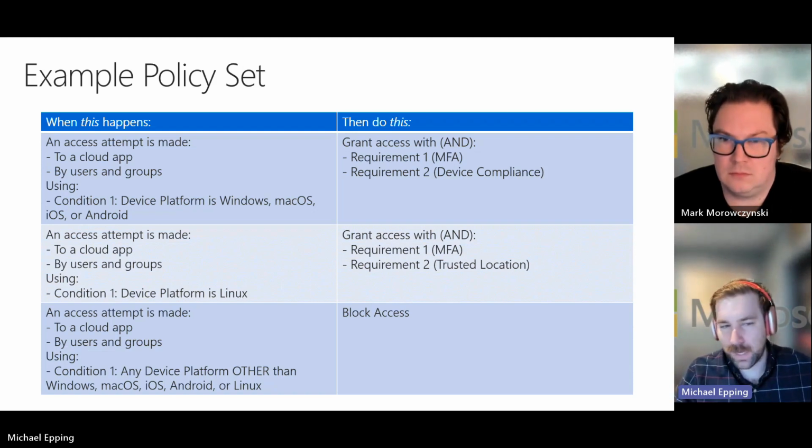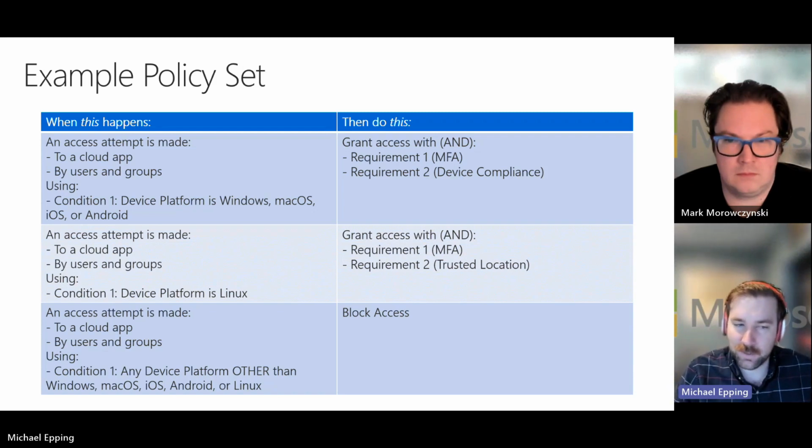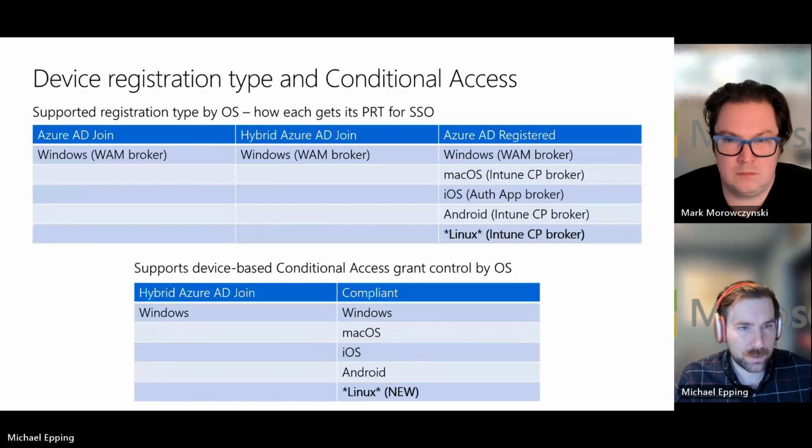And then we have our stopgap policy that says, if the user is coming from any device platform other than those that we explicitly support, we're going to block access. That way, if someone's coming in from something malicious that has a different user agent string than what we support, we can block that access.